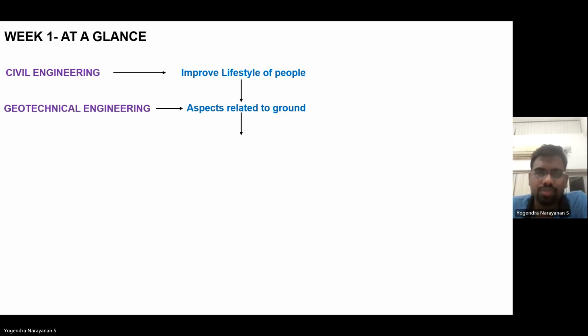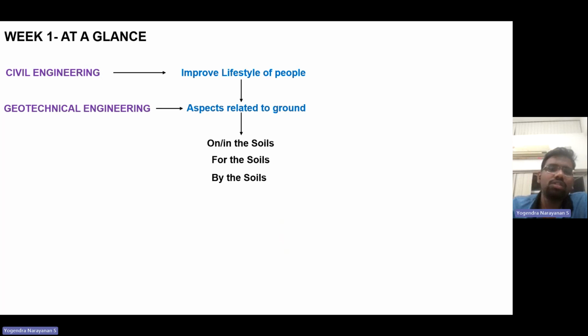The statement of democracy given by Mr. Abraham Lincoln can be modified for geotechnical engineering also, which consists of on or in the soils, for the soils, and by the soils. So what do these three mean?